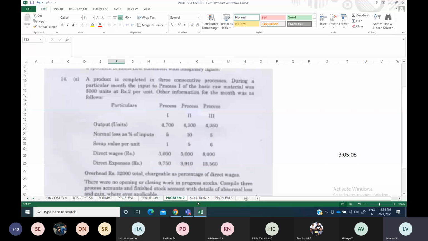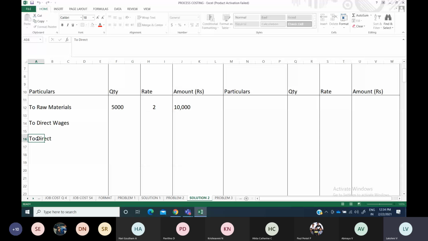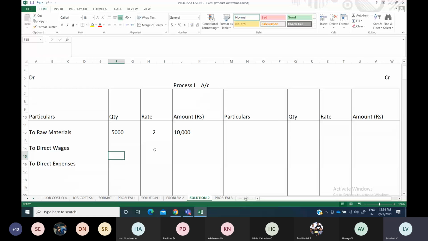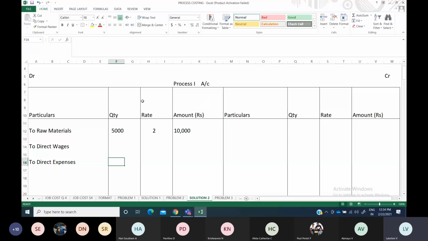That concerned amount for that particular process, you have to bring it. The same ditto you will do for process 2 account, process 3 account, everything. You will continue with this same method. So just check out how much the concerned amount comes to.